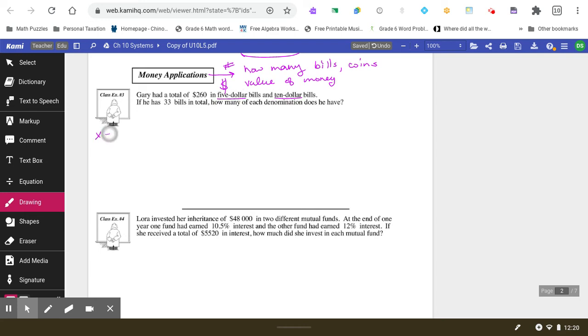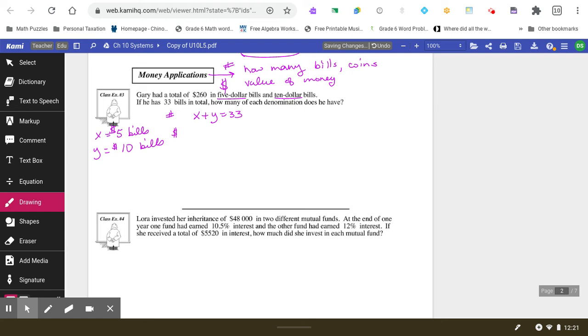Give yourself some variables. Let X be the $5 bills. This is how many of those 5s you have in your wallet. And let Y be the $10 bills, how many of them you have. So I know that all my bills together is 33. Now I have to talk about what's the dollar value.